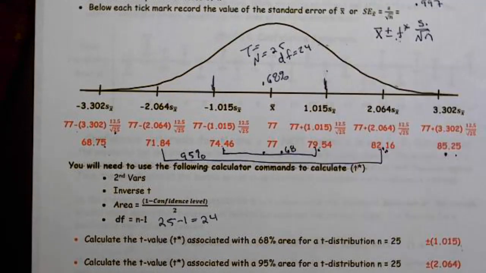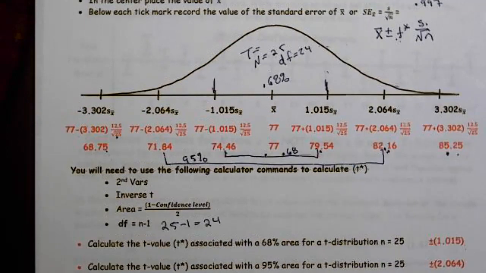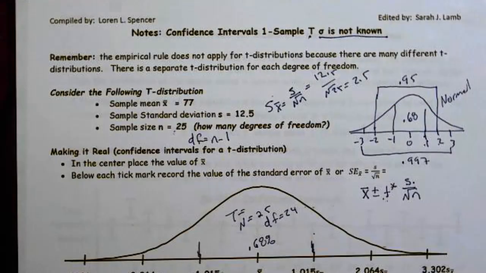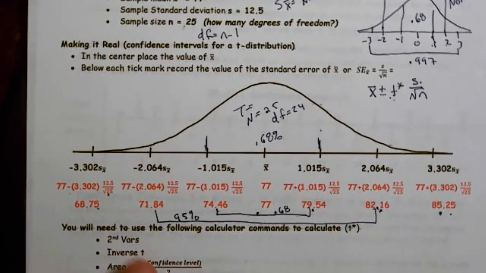And that's how you would calculate roughly a confidence interval for a t distribution. Please remember, for the t distribution, the standard deviation of the population is not known. The other thing is we need to know that the underlying distribution is normal, or that our sample size was 30 or more.